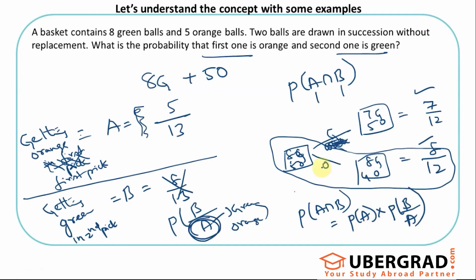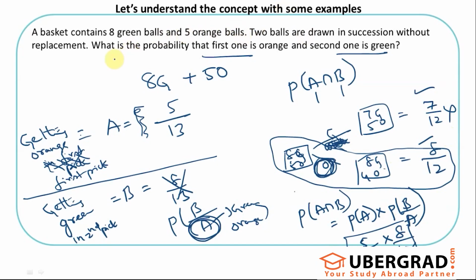What is probability of A? That is 5 by 13, the probability of picking the orange. Now what is the probability of picking green in second given that orange is picked in the first? 8 by 12. So I need to use 8 by 12, not 7 by 12, not 8 by 13 or 7 by 13. So the answer would be 5 by 13 into 8 by 12.